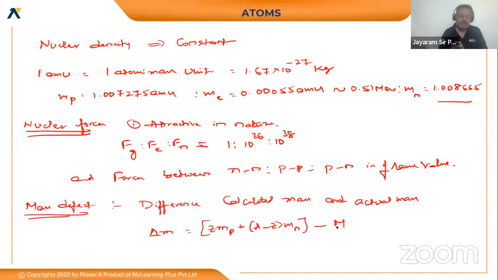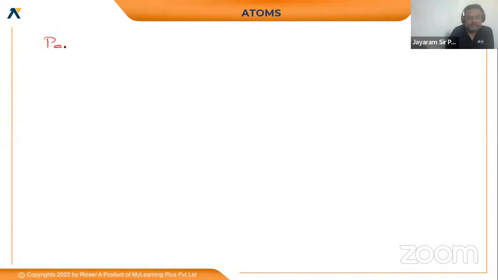So this gives you the mass defect. And the next one, packing fraction: it is delta m by A. If the value of the packing fraction is high, that means the nucleus is more stable. That is the main thing, so if this is high, obviously the nucleus is also stable.